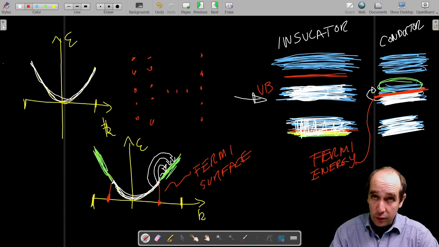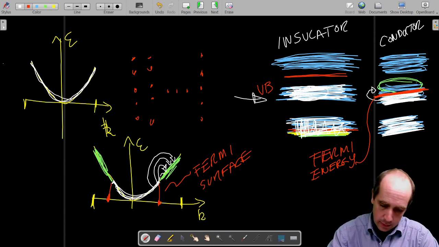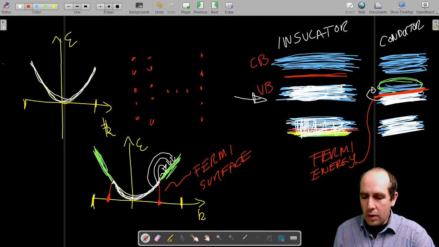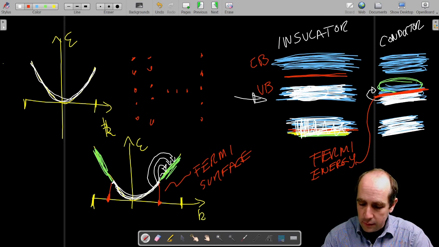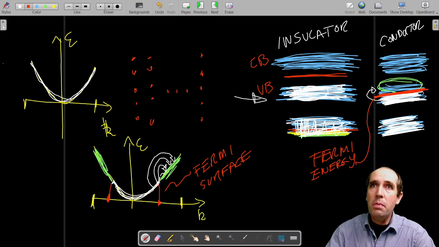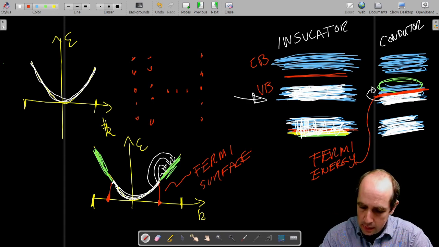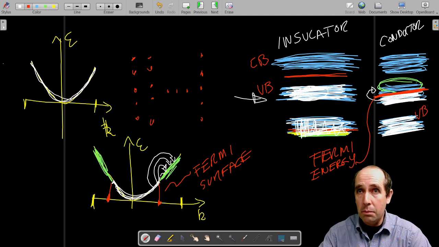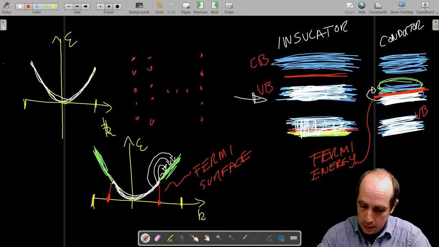And the first completely empty band is what we will call the conduction band. In the case of a conductor, the valence band will be the last completely full band, so in this case it's going to be this one, and the conduction band is the first half-full conduction band.